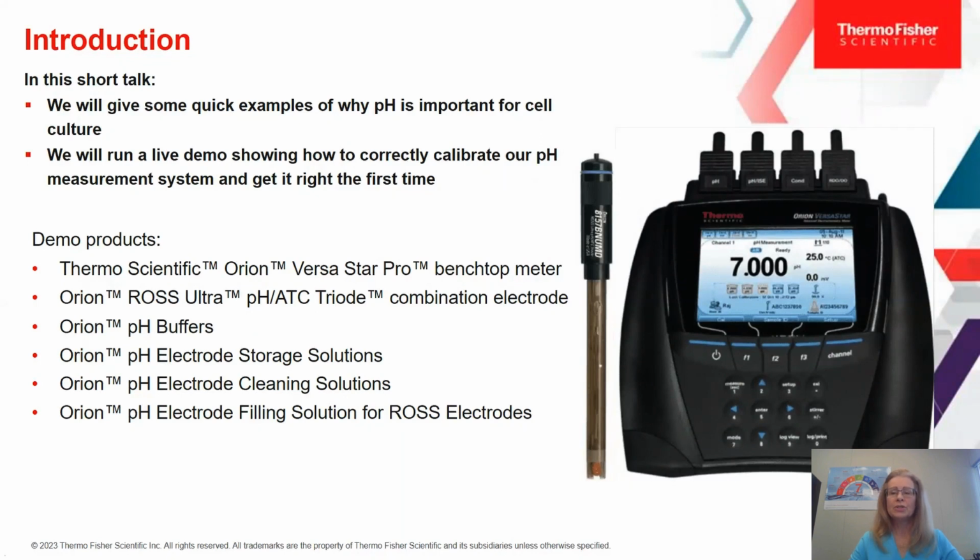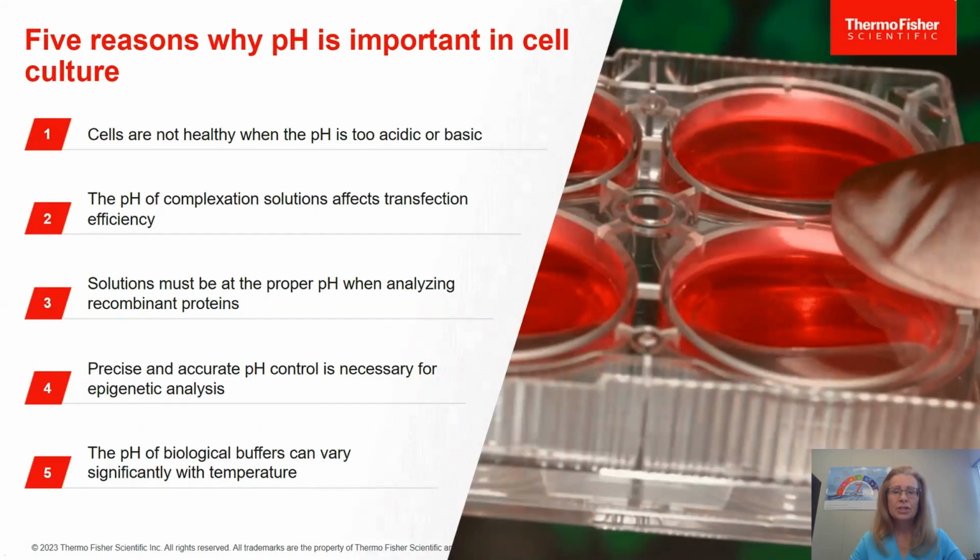We will be using a Thermo Scientific Orion pH meter, an Orion Ross Ultra Triode, and Orion solutions and buffers. So together, Steve and I will show you how to achieve a good calibration and how to get it right the first time.